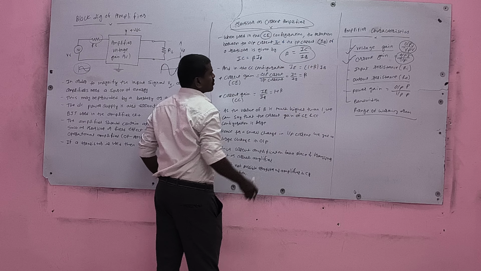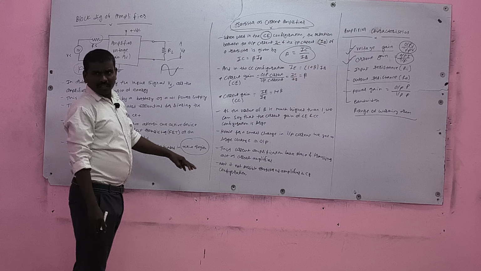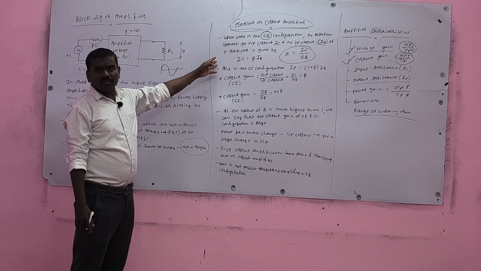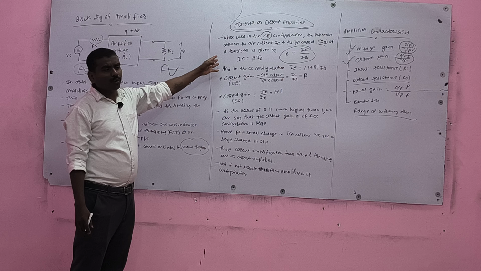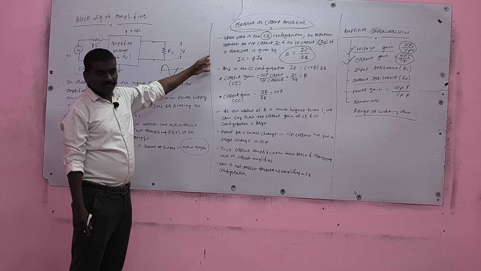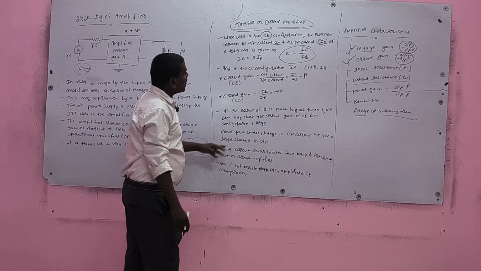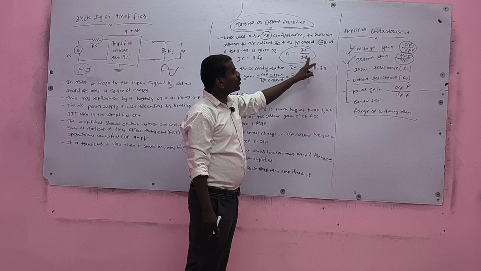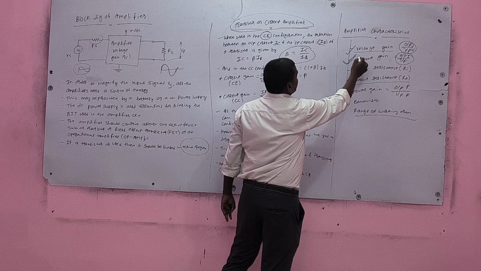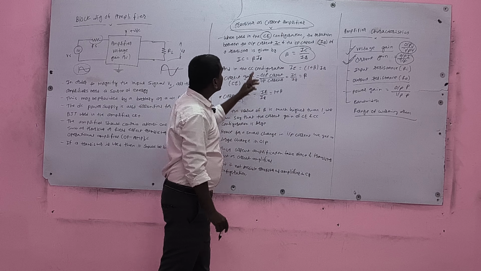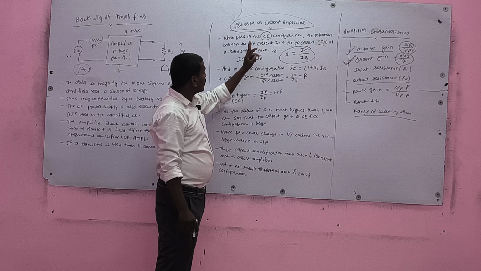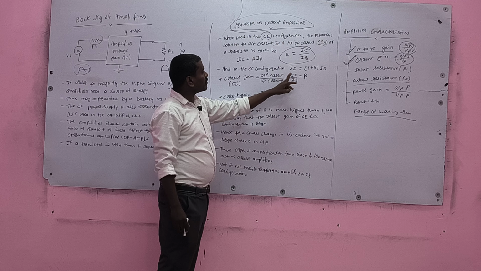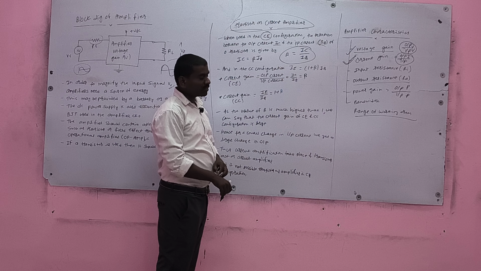You know that beta is equals to IC upon IB. We already discussed this. We have taken, I think, 4 to 5 problems on this. So beta is a current gain and it is a ratio of output current by input current for CE configuration. Then current gain is equals to output current by input current, that means IC by IB, that is beta.